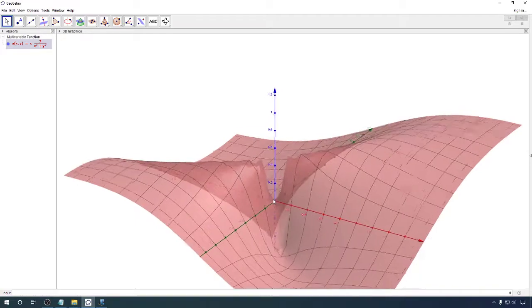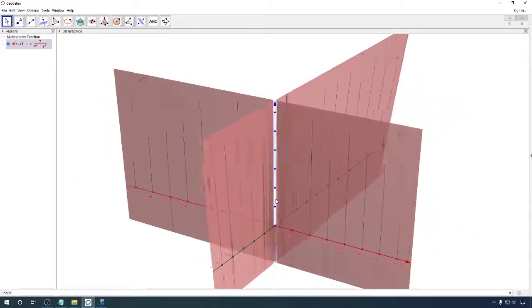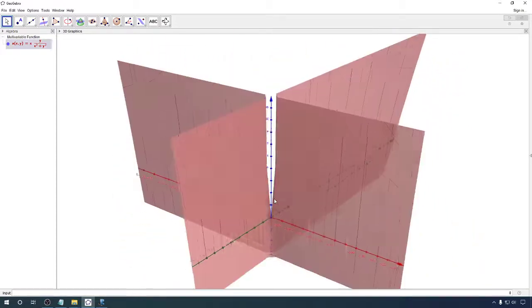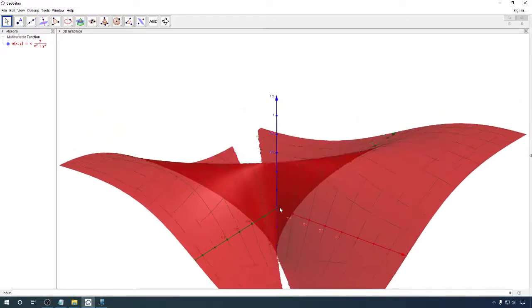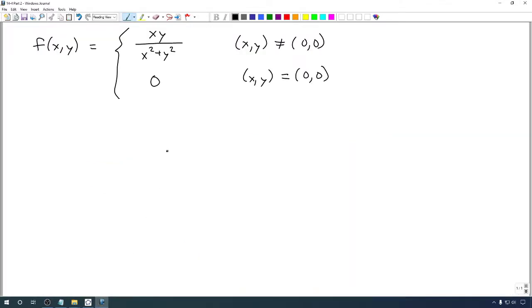In fact, it doesn't matter how far we zoom in, it never looks like a plane. It kind of looks like we have two crossed planes, if we're really being honest about it. We wouldn't really expect there to be a linearization for this particular function at the origin. It just doesn't look like it should be linear in any sort of way.